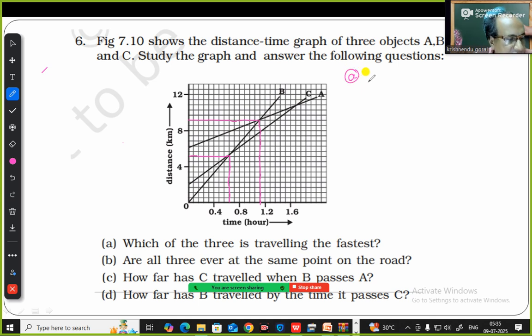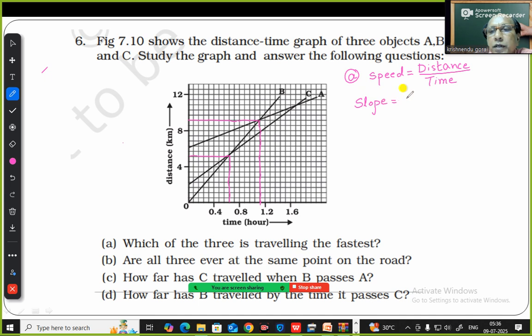Question A is how to find the speed. We know that speed is equal to distance by time. To find the speed we have to find the slope, and the formula for slope is tan theta.